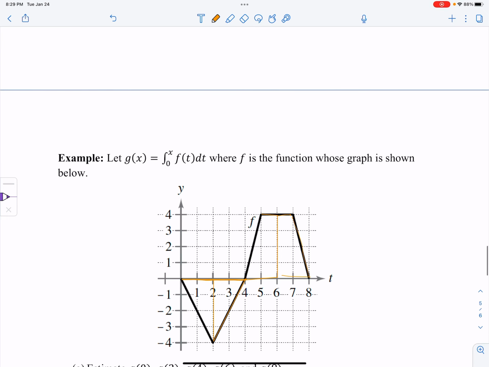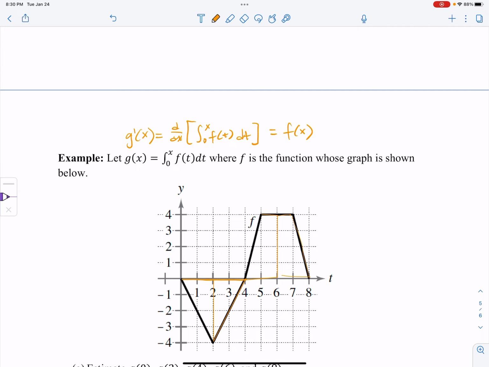Well, in this case, g prime would be the derivative of the definite integral from 0 to x of f of t. Sorry, that should be a t. And we know by the second fundamental theorem of calculus that this would be f of x, which would be the graph.